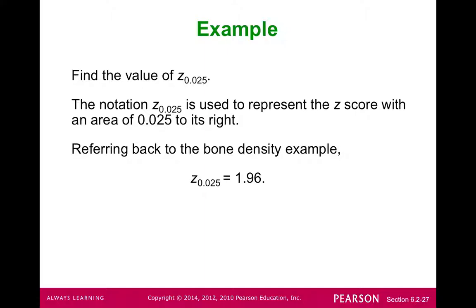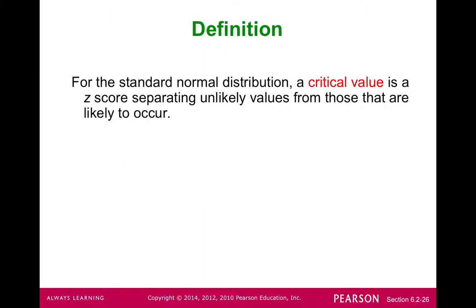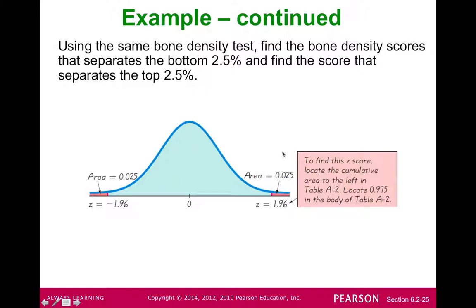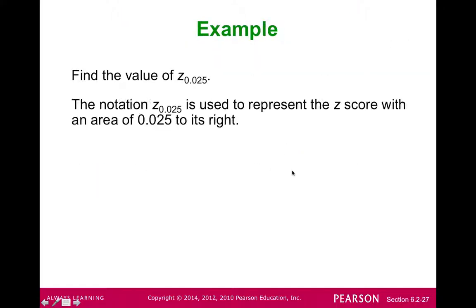Okay, so what we have here is we want to find the value of z with this particular notation. And this notation here is actually meant to represent the area to the right that we're looking for. So this is actually asking us for the same thing that we saw right here, looking for this area right here. But this is just another way to note it.